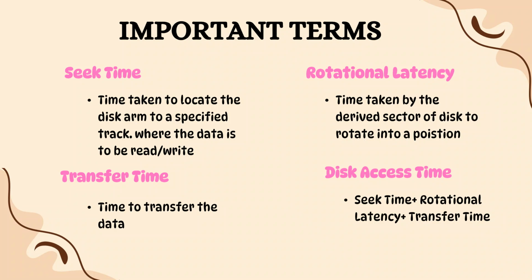Then transfer time means the time to transfer the data, that is the data transfer from the IO device to the computer. And the last one is disk access time, the sum of seek time, rotational latency, and transfer time.